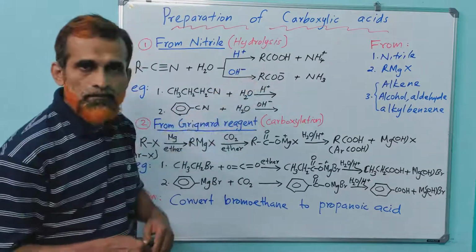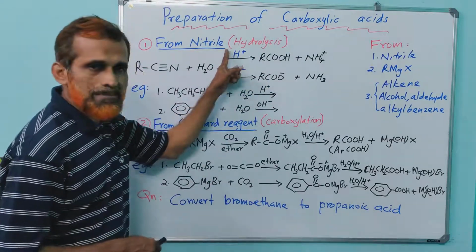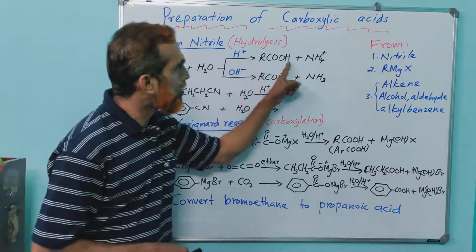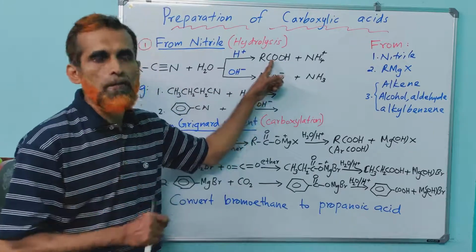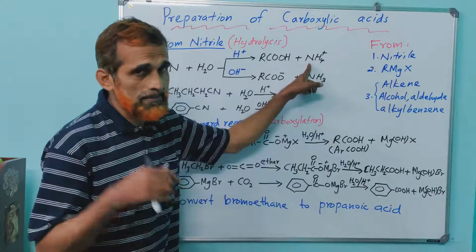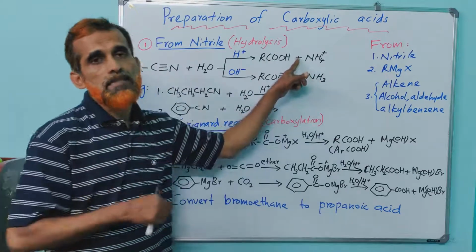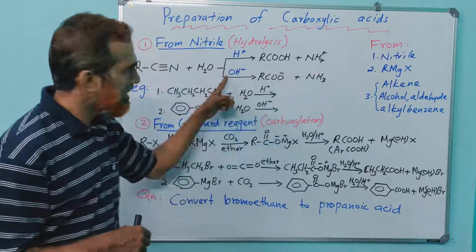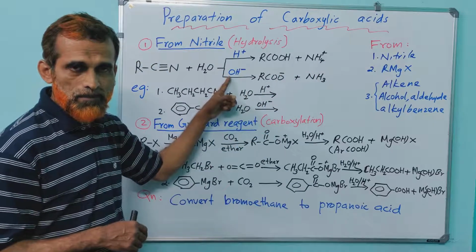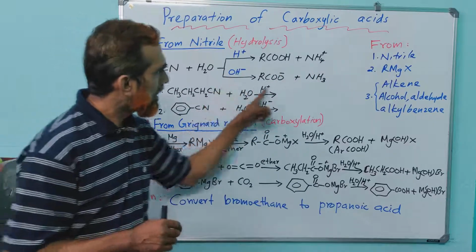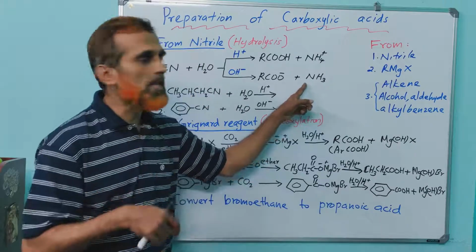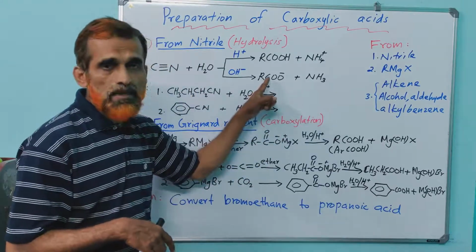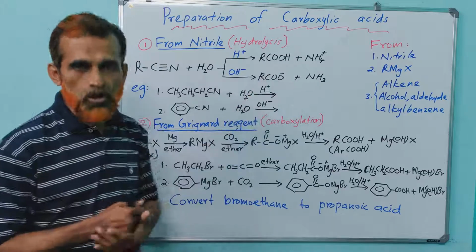What is the difference here? In acid hydrolysis, you get carboxylic acid in the free form, and ammonia, that is a base, will appear as a salt. Whereas in basic hydrolysis, in presence of base, the base ammonia remains free and the acid will become its salt.